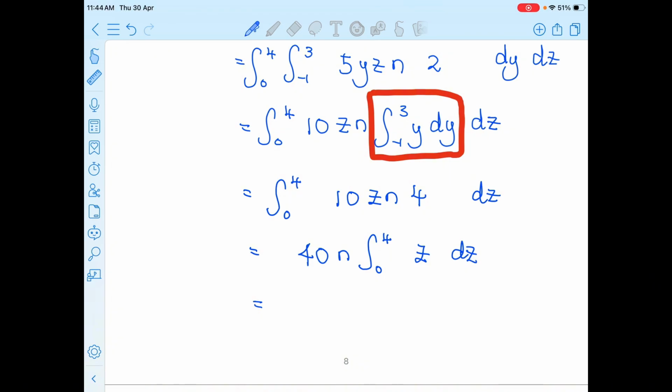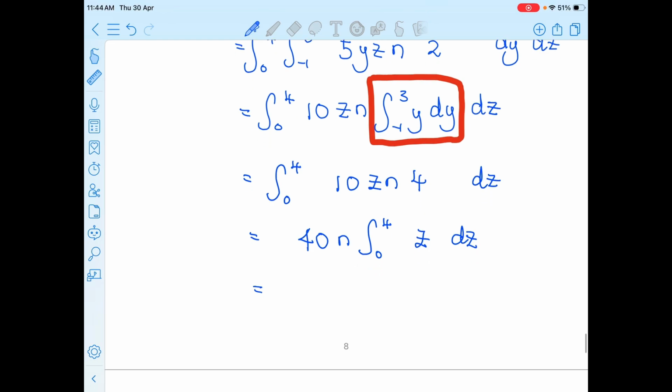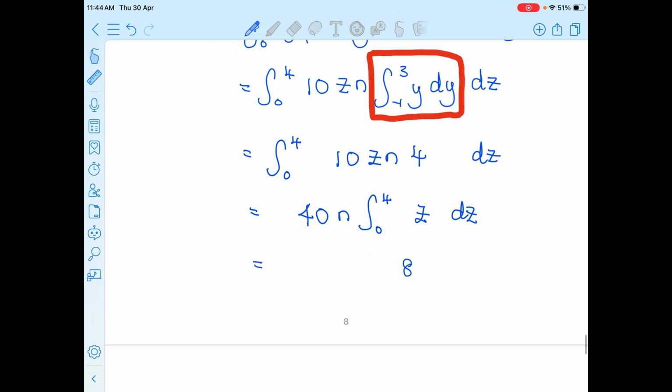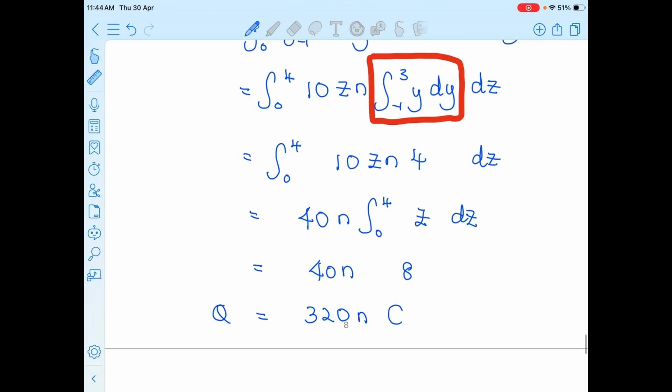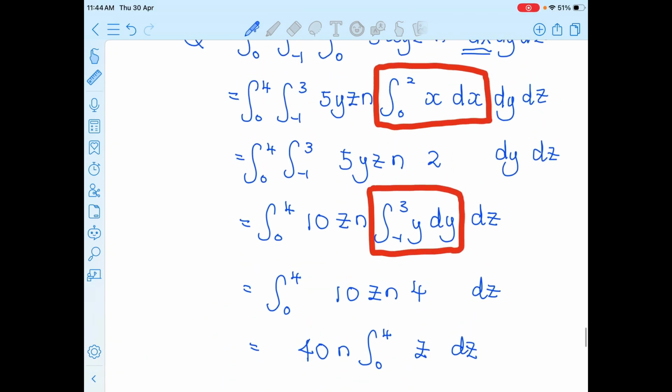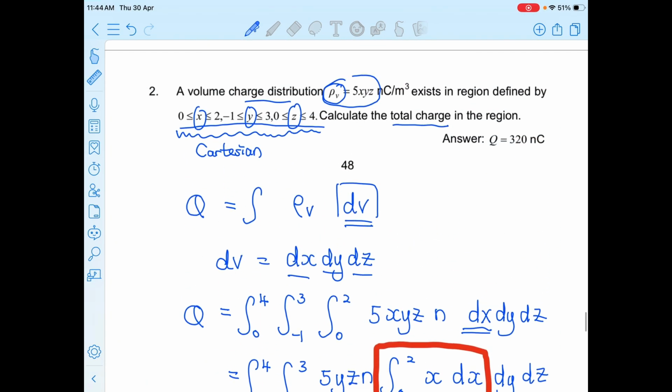When you perform the integration from 0 to 4, you get 8. Eight multiplied with 40 nano gives 320 nano, and the unit of the charge is coulombs. This is how we find the total charge inside this structure.